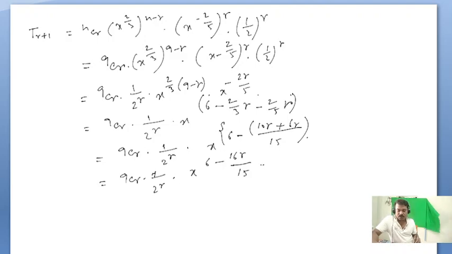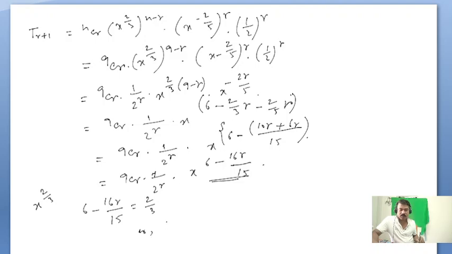Okay, now for the coefficient of x to the power 2/3, we put 6 minus 16r by 15 equals 2/3 here. Okay, now calculate.